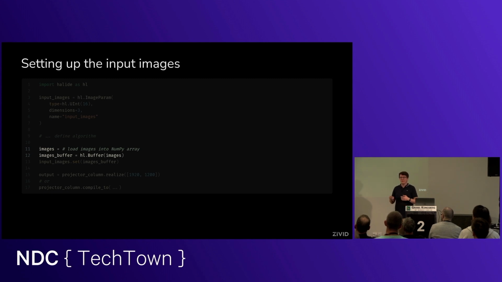And then if you want to realize the function or the algorithm right now, you can set those images on the image param, and then you can realize and look at the result. Or you can skip setting the images right now, compile to a binary file, and then you will get a function that accepts the image param as a buffer that you can provide later. Again, that's how we're doing it in our production code.